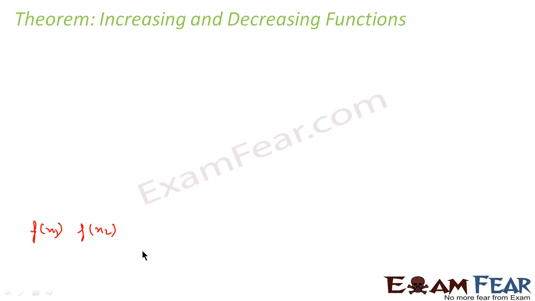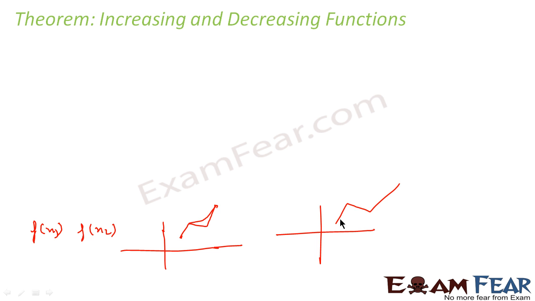For example, if you take this graph, and my graph is like this, this goes down actually also like this. Let me draw once again. My graph is like this. If I take my point x1 as this and x2 as this, then with the formula I know that this is greater than this.